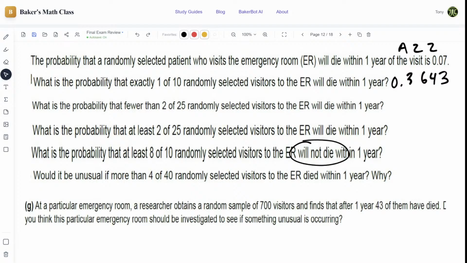I'm dying to see how they worded this. Should we investigate them? So let's see.